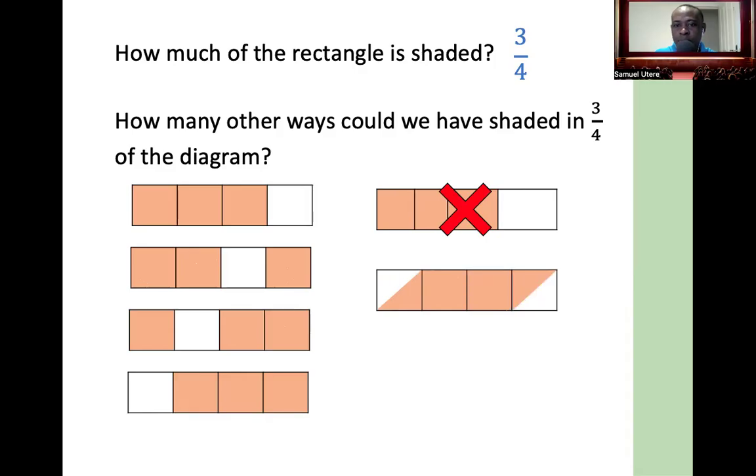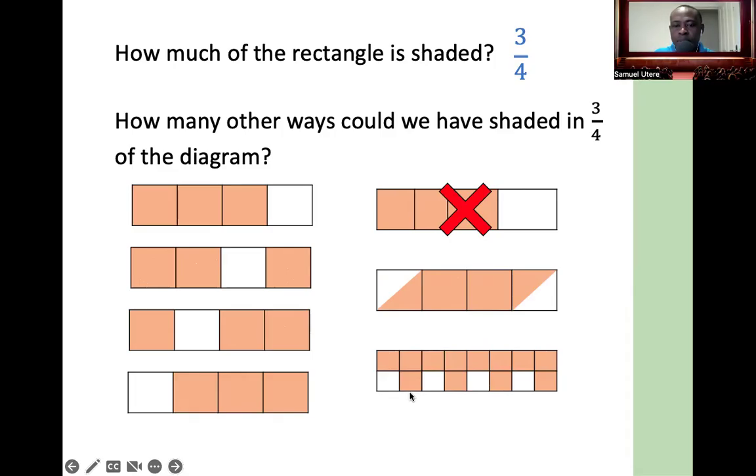Okay. What about this? Well, notice that we have this rectangle divided into 4 equal parts, and each of these 4 equal parts is also divided into 4 equal parts, of which 3/4 are shaded. So actually, we can say this is 3/4 shaded.